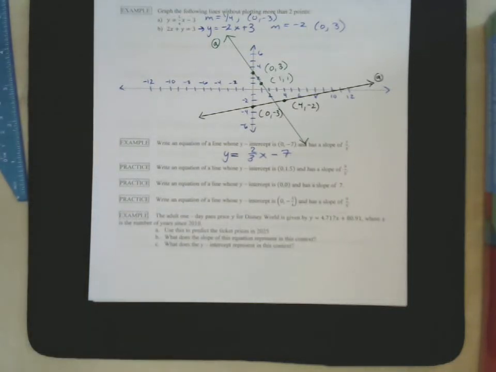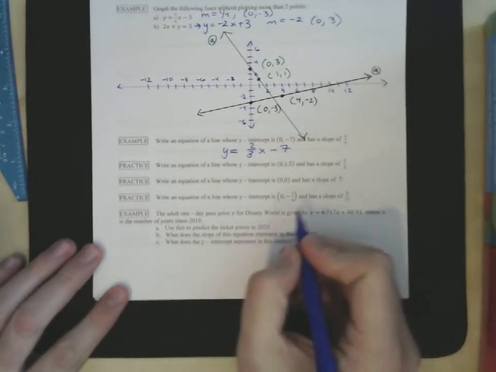And now this is where we want to get to the meat of this section, and that is our word problem. So the adult one-day pass price y for Disney World is given by y equals 4.717x plus 80.91, where x is the number of years since 2010. So we're going to first use this to predict the ticket prices in 2025.